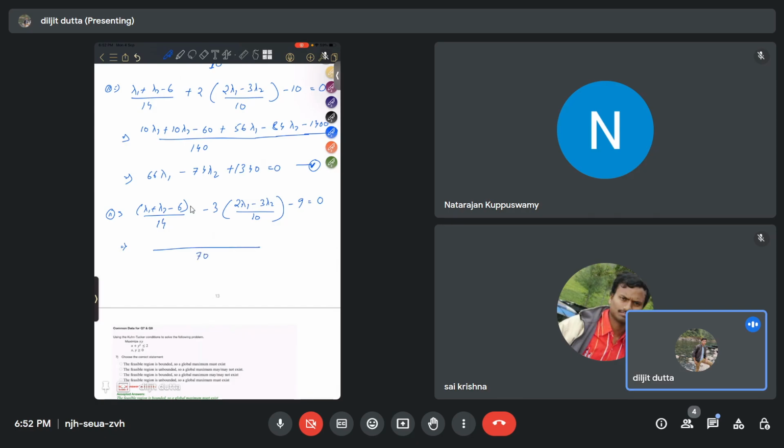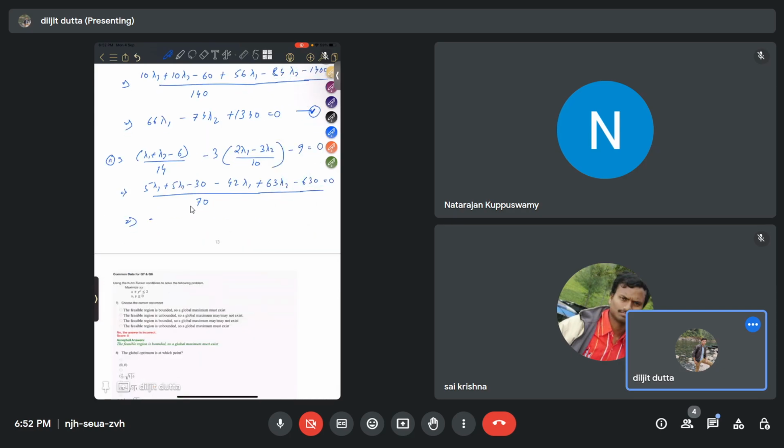You can take 70 also, I think. 5 lambda 1 plus 37 lambda 1 plus 68 lambda 2 minus 660.